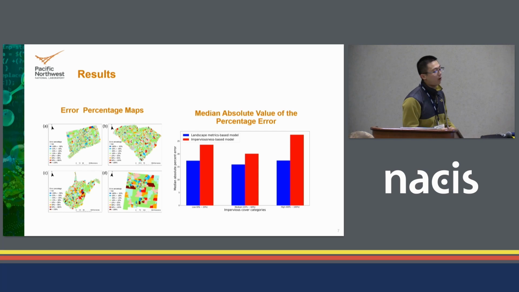The blue bar represents the landscape metrics-based model, while the red bar represents the imperviousness-based model. We can see that across all three groups, low, medium, and high imperviousness categories, our landscape-based model outperforms the imperviousness model. The reduction of the error is especially obvious in the high imperviousness category.